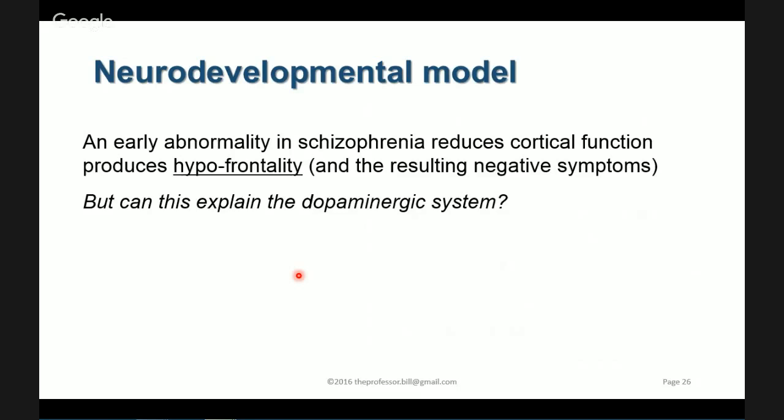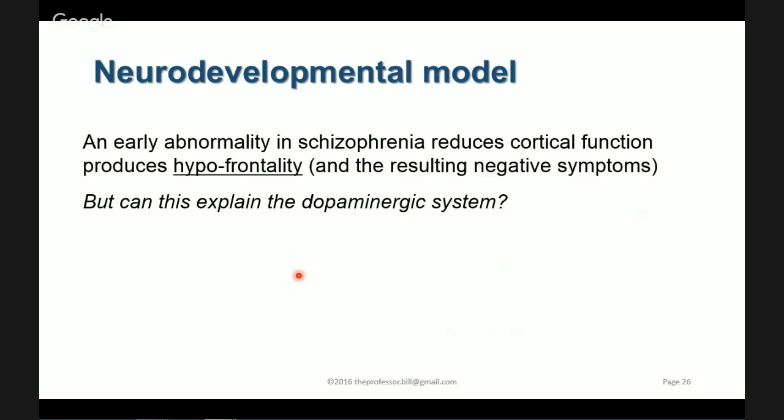And again, just going back, remember it's the cognitive symptoms that are normally the prodromal ones, where you're not concentrating well, you're not doing well at school, you're not doing well at work. It's those negative prodromal symptoms, that hypofrontality, that we think usually precede the more explosive positive symptoms that we see later.